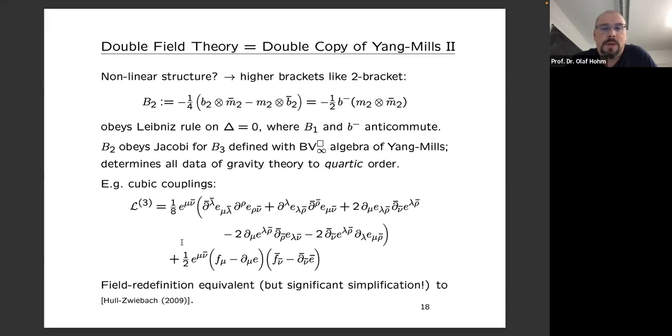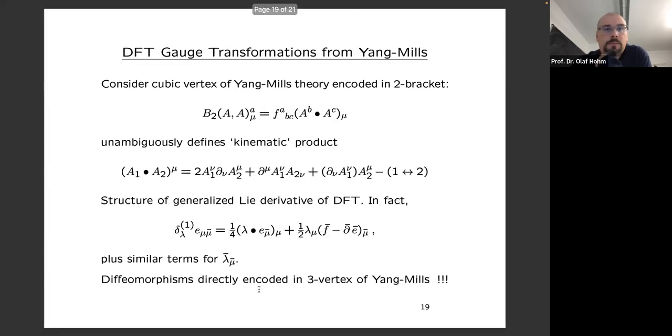But this version here is even a much further simplification, but yet field redefinition equivalent to the form of Hull and Zwiebach. So this double copying somehow automatically lands you in the form of the simplest action.